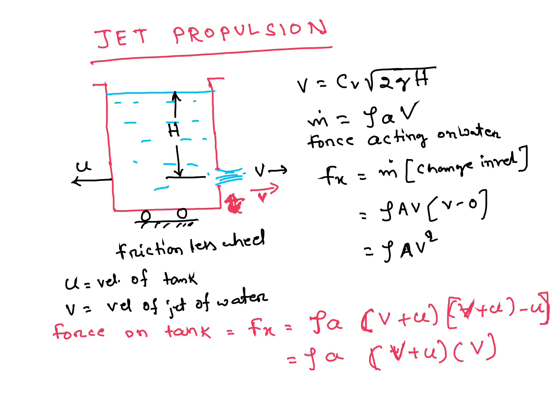The initial velocity is V plus u, minus small u is the final velocity, and finally we get rho a (V plus u) into V. This is Fx. This formula we have to use.